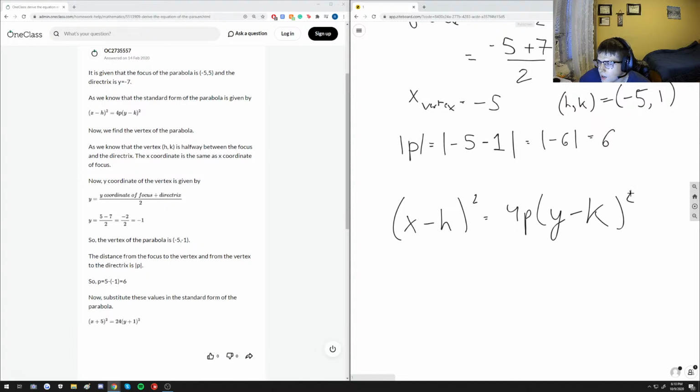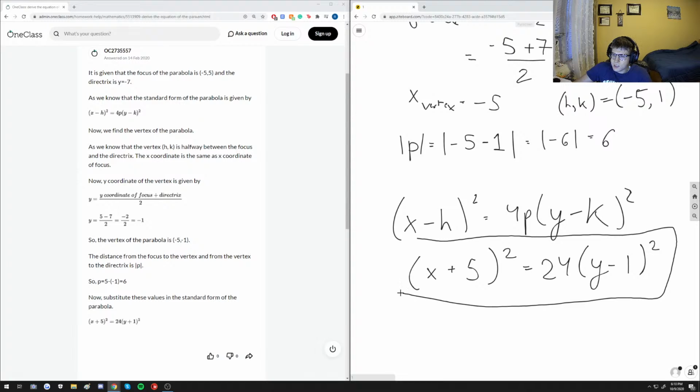Our h and k we found already, which are -5 and 1, so we get (x plus 5) squared is equal to 4 times 6, which is 24, times (y minus 1). And for this reason, this is the correct answer.